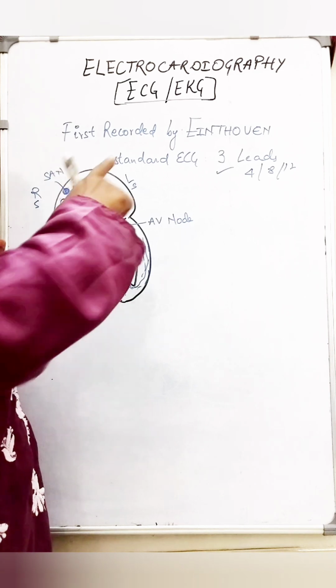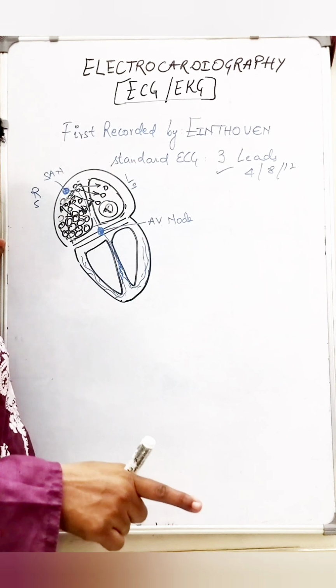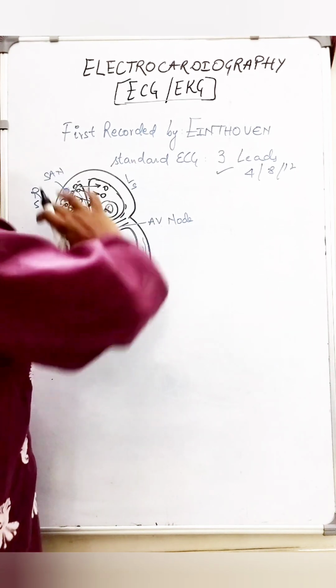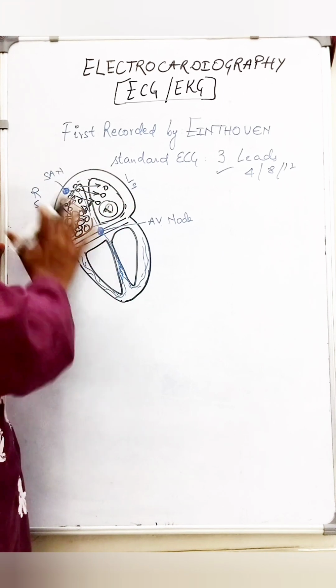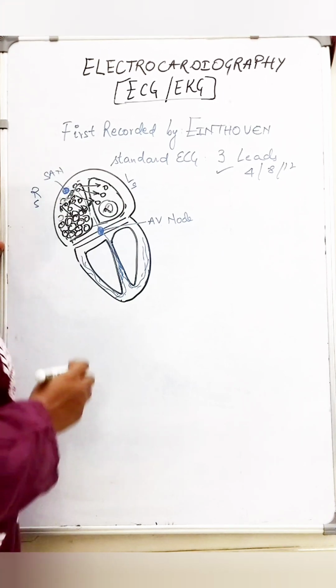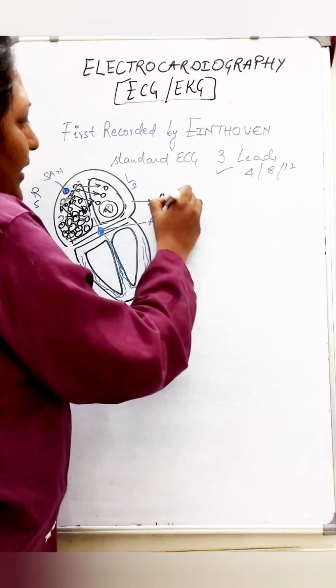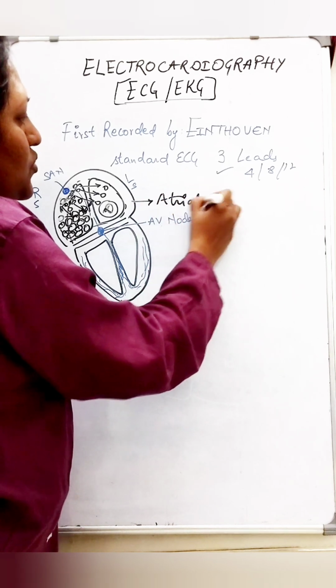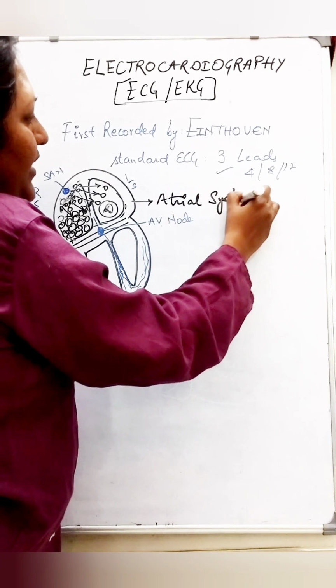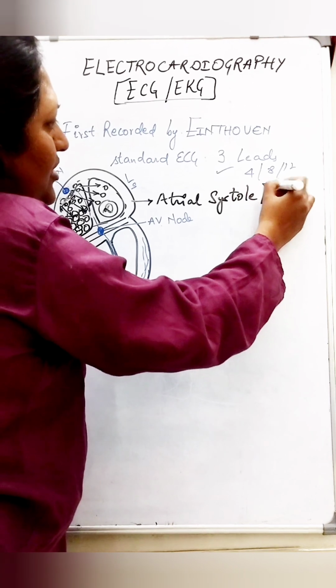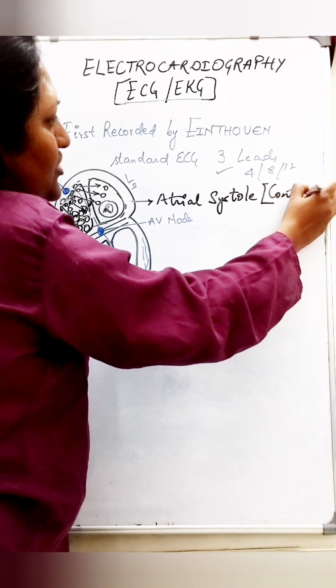So, first the depolarization occurs. Soon the depolarization covers the entire atrial chamber. It is called your atrial systole. Atrial systole means contraction, depolarization.